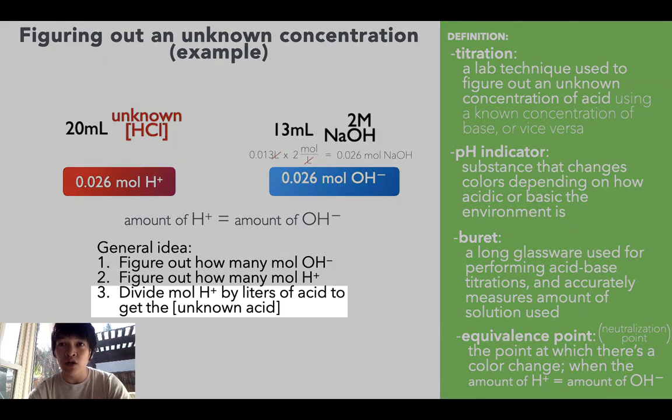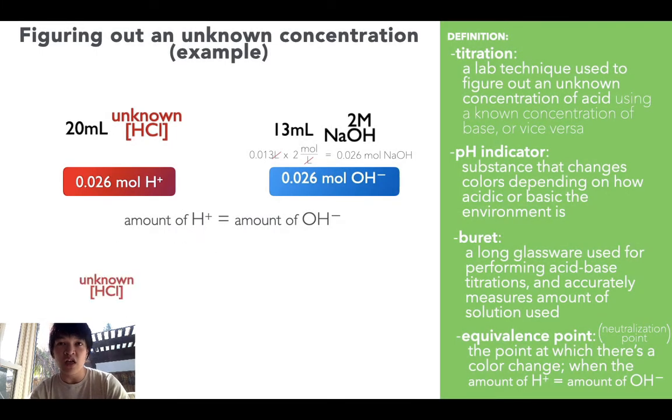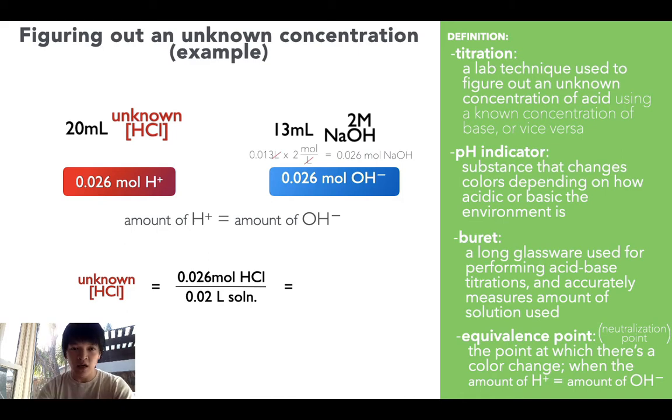Now the third step is to get the concentration by dividing the moles of hydrogen ions by the liters of the acid. Because the molarity equals moles divided by liters, the liters being 0.02, because 20 milliliters is the same thing as 0.02 liters, you can calculate the molarity. If you do this in a calculator, 1.3 molar HCl.